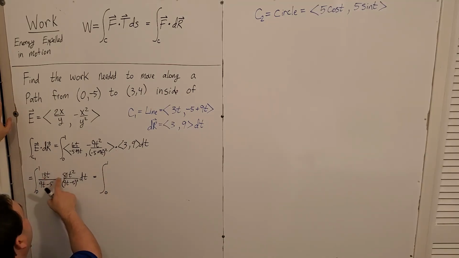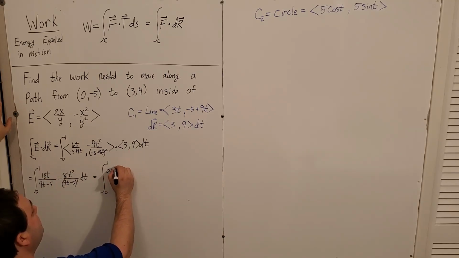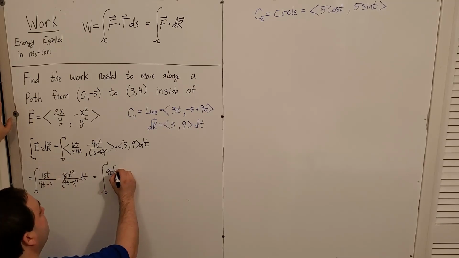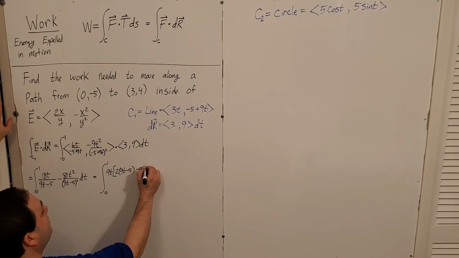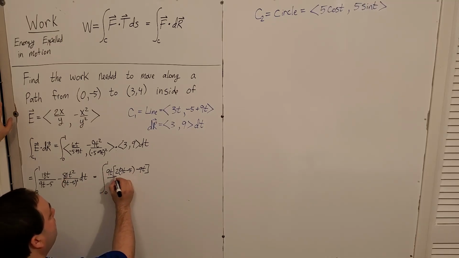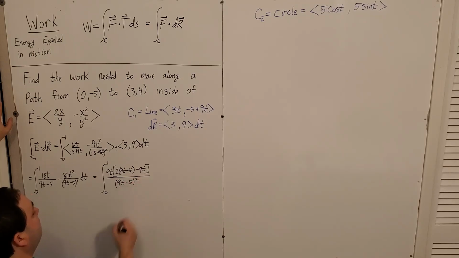And I'm going to factor a 9t out as well. So 9t times, the common denominator is going to give me another 9t minus 5 up here, times 2. 9t minus 5 minus 9t, because 9t times 9t gives me the 81t squared, and all of that is over the common denominator of this squared.